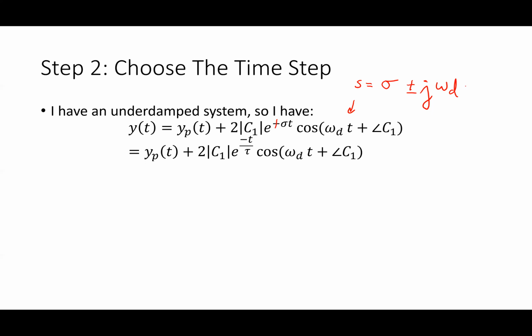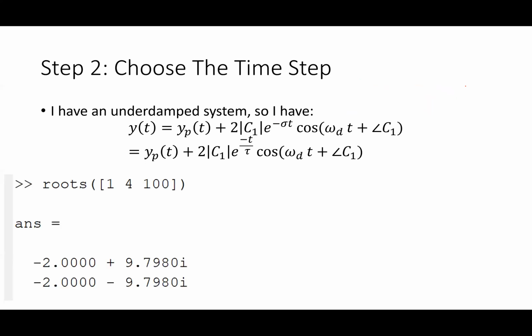Now that sigma value is always going to be negative, which it was in this case. If I go through the math the way I always do, using the roots function, I get the following: sigma is equal to -2, and omega d is apparently 9.798 radians per second.